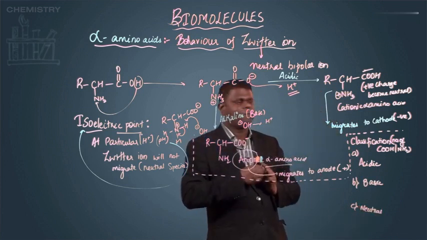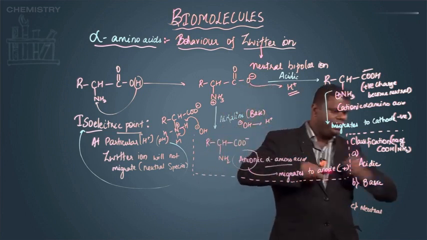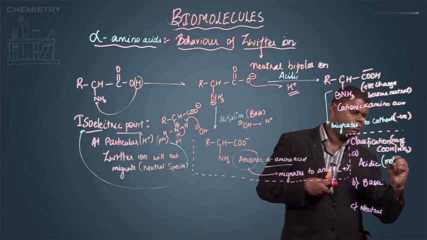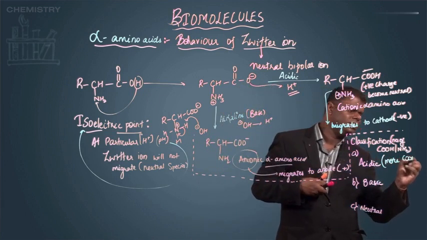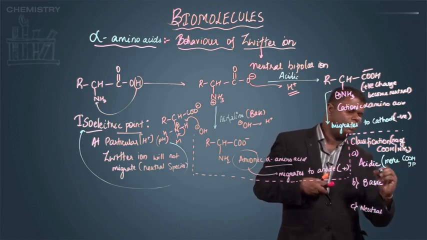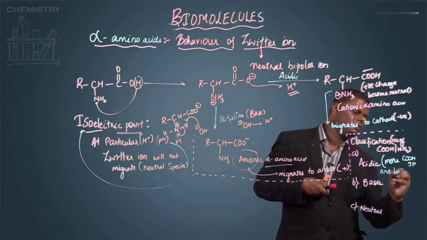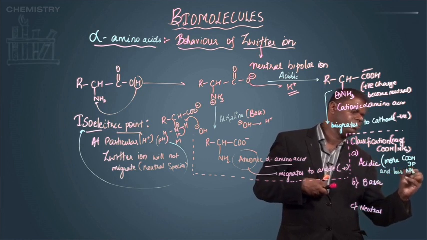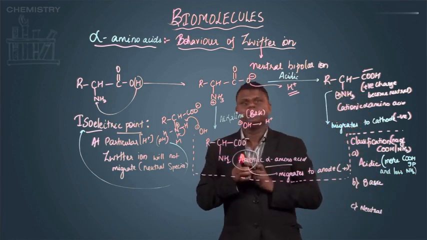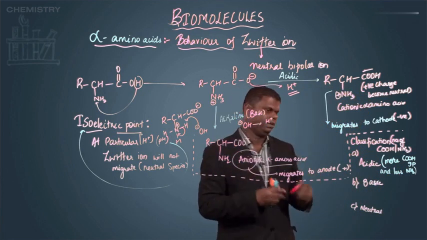So acidic alpha amino acids contain more carboxylic acid groups and fewer NH2 groups, right? There could be 2 carboxylic acid groups, there could be 3, and many, right?